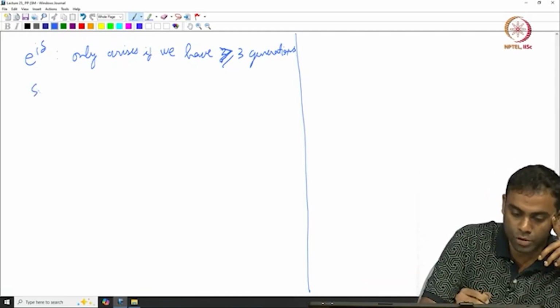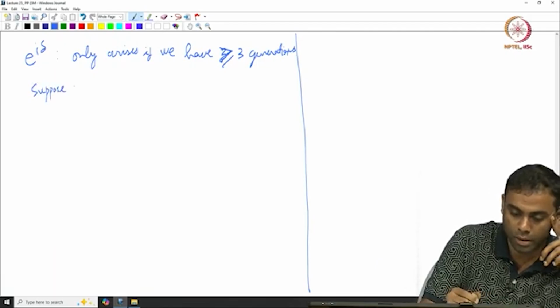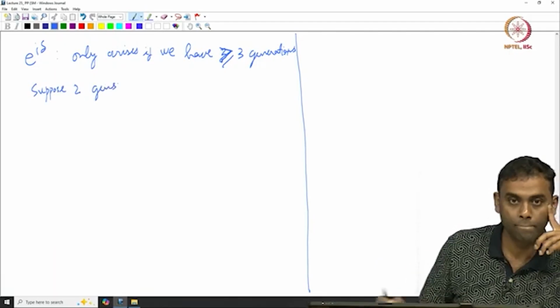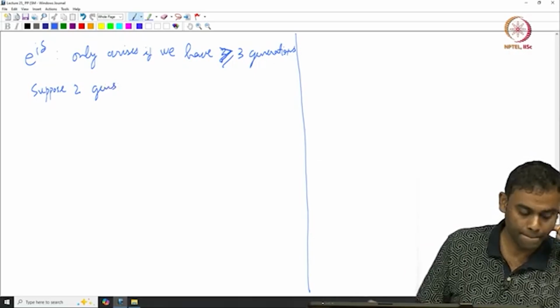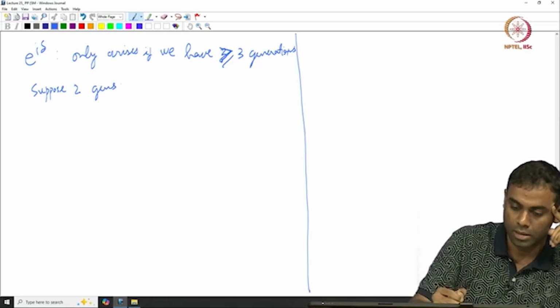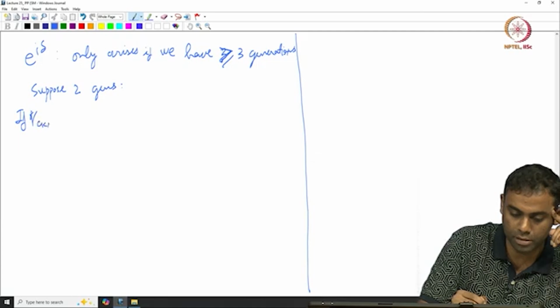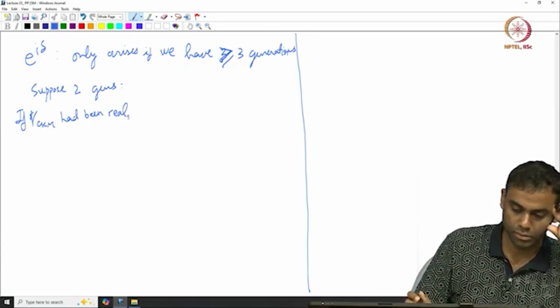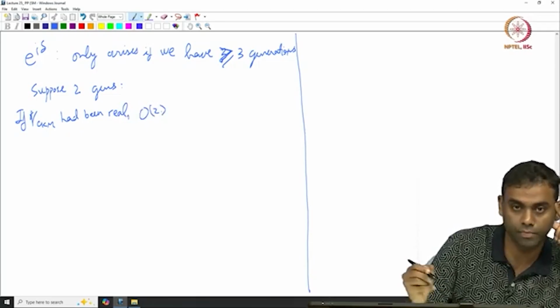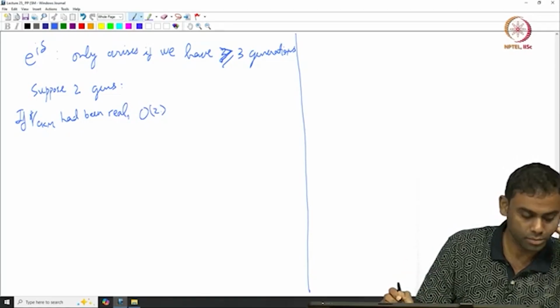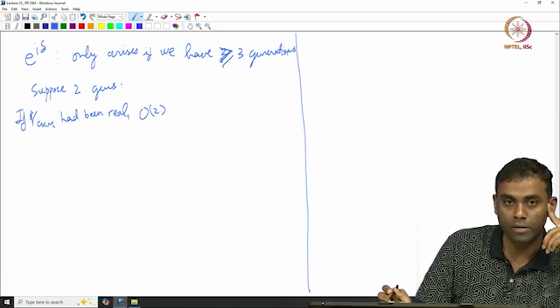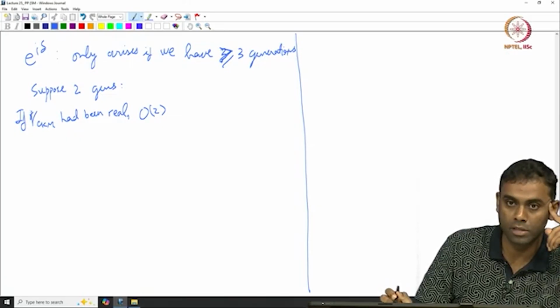So, suppose you had only 2 generations, then how would we have done the counting? If the CKM matrix had been real, then I am looking at an O2 matrix. Then how many rotation angles do I have in an O2?